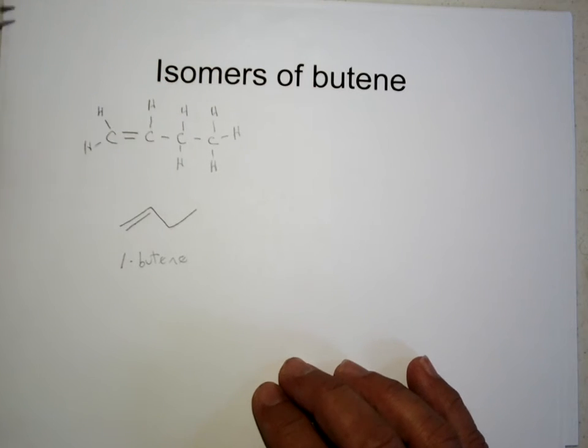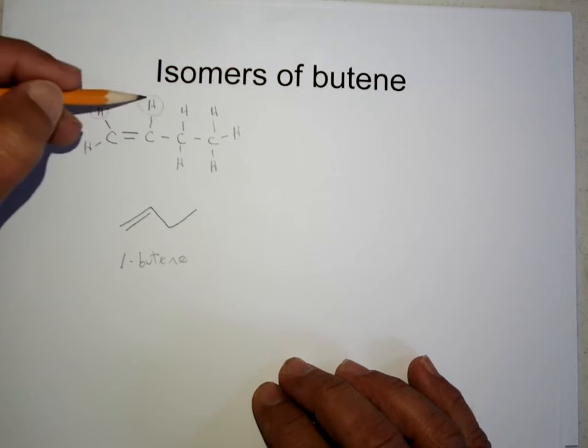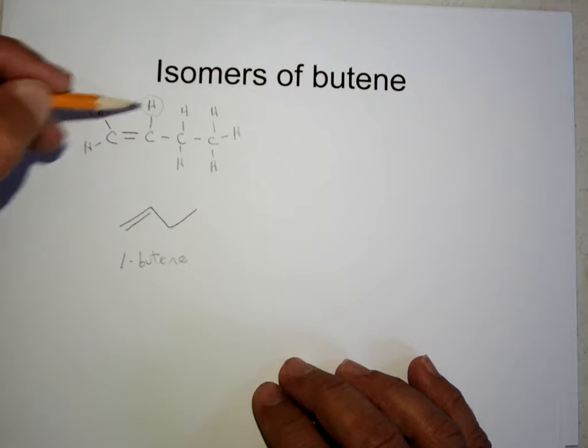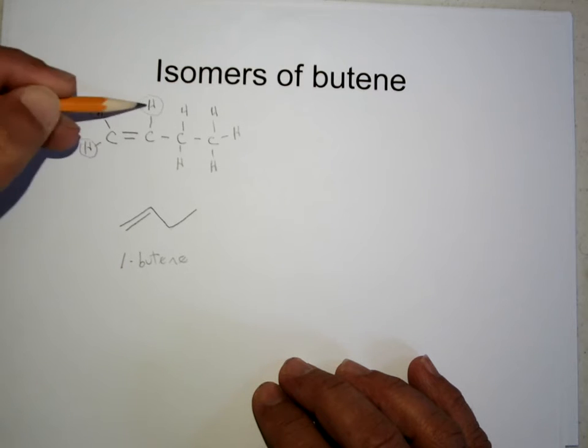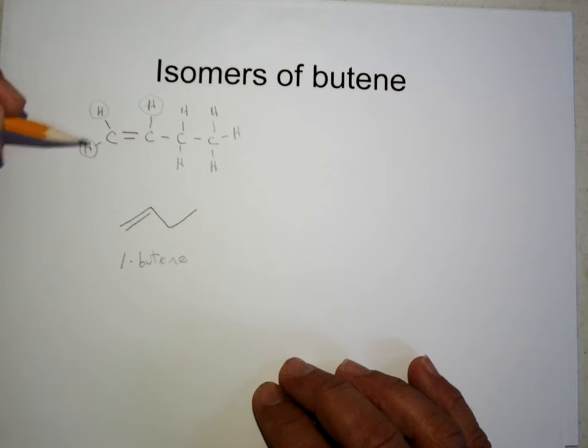then we come to the formula here. And notice in this one, we have 2 hydrogens on the same side of the double bond, and 2 hydrogens on opposite sides of the double bond. So it doesn't make sense to talk about this as being cis or trans when it's got both.